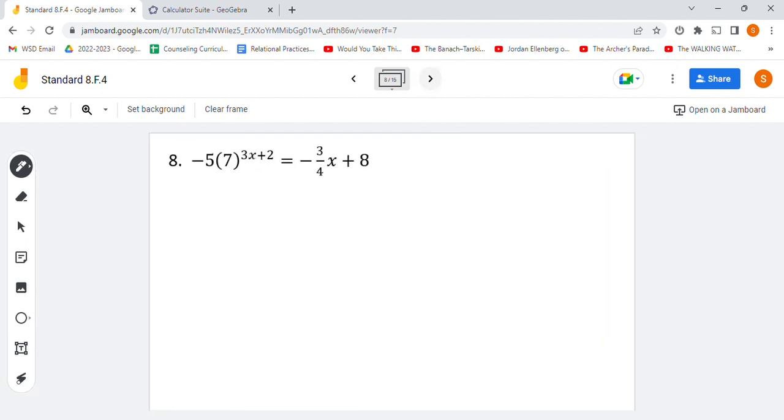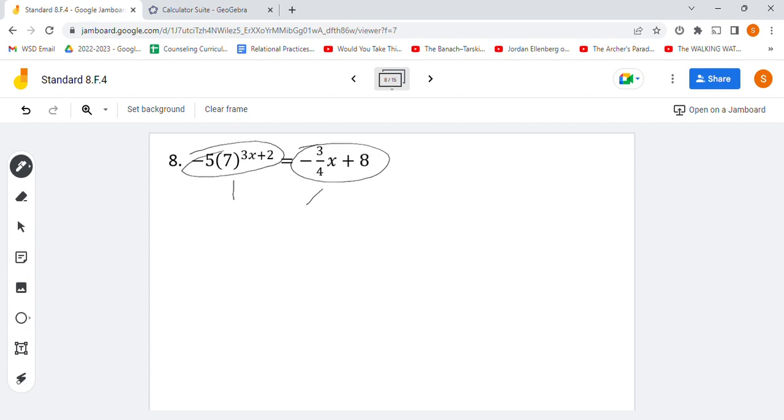This equation is not going to work out so nicely because we have stuff that is not going to be able to be the same base over on the left and the right hand side. So we had a lesson on this a little bit ago about separating these two into two separate equations and using a graphing calculator to be able to solve something like this.